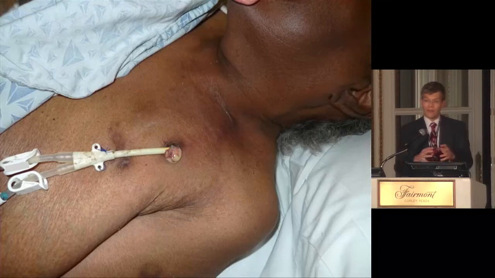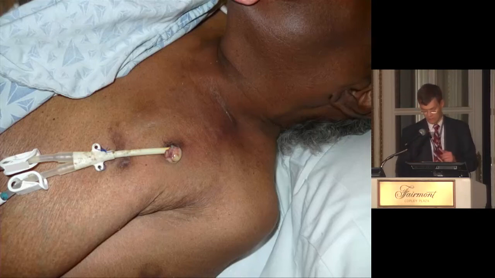So here, the cuff is not sealing the exit site from the tunnel anymore, but you now have a continuous presence of infectious material along the tunnel. This cannot be rescued and requires really a new insertion of the catheter.